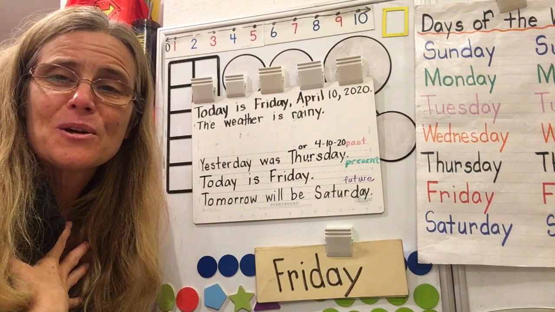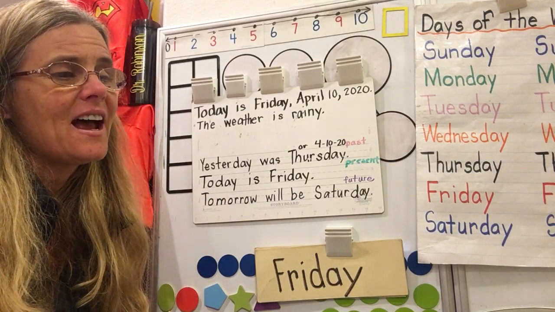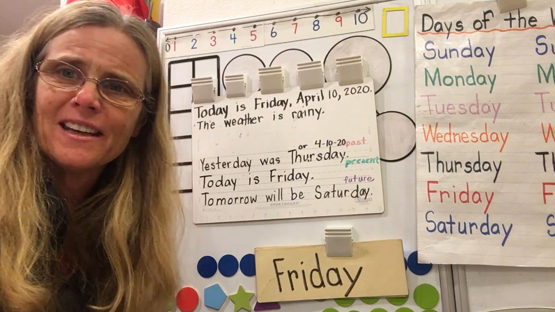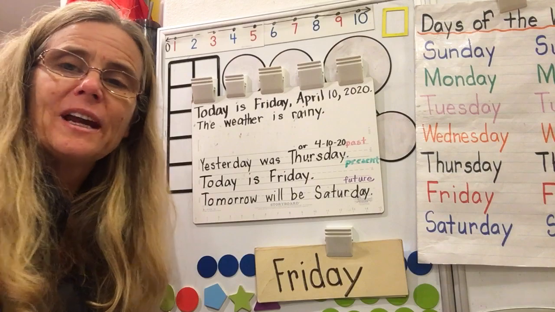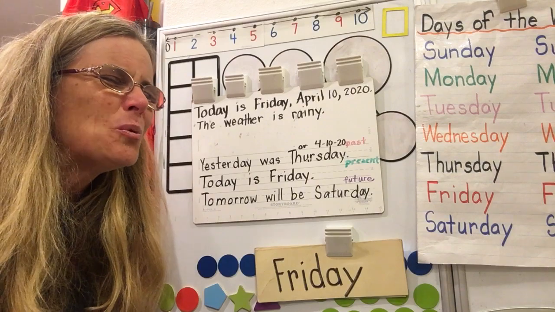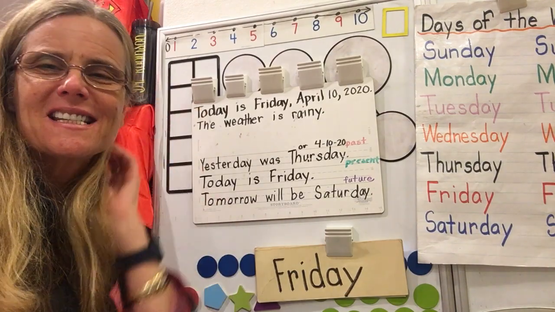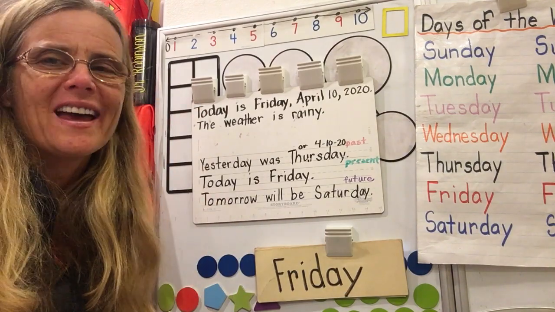But today, my zone, I think that I am in the blue zone today. I don't feel very well, and I'm kind of sad. It was supposed to be spring break, and we were supposed to go back in a week. It was supposed to be a fun week with my family, and we were going to do all this neat stuff, and I'm disappointed that's not going to happen.